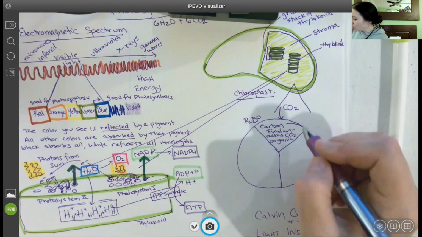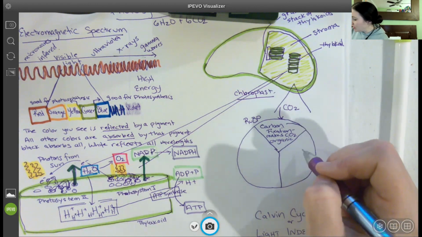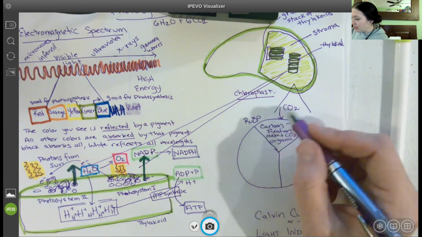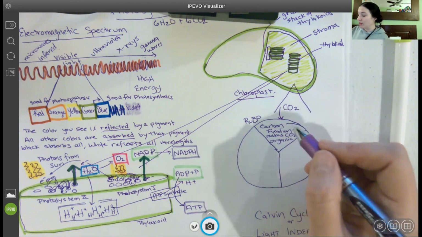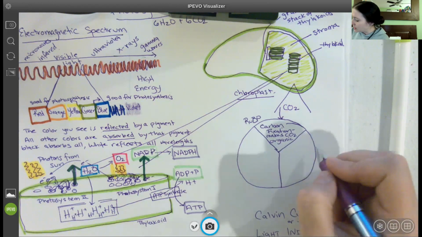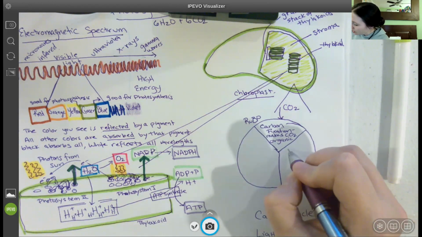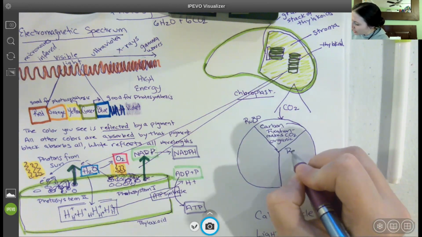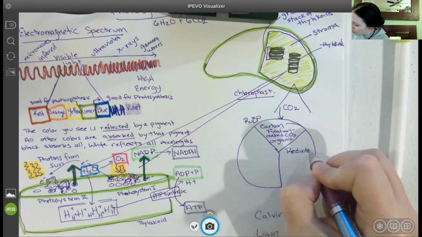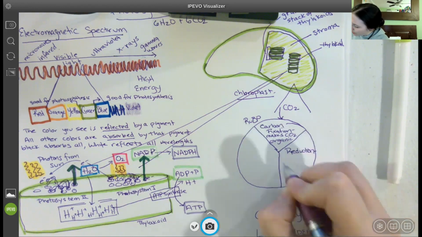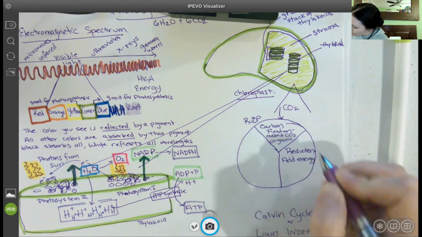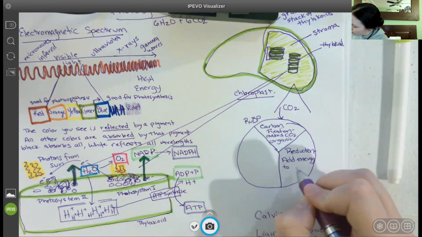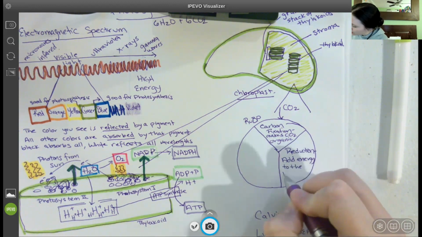All right, so carbon dioxide comes in, it binds to RUBP. Now you have carbon dioxide being organic, and that's like a really big deal because that's what you want out of this process. The next step is called reduction. And in reduction, you add energy to the bonds.